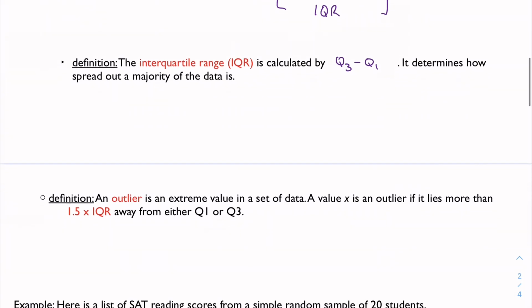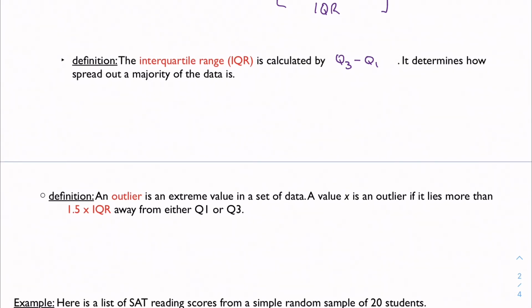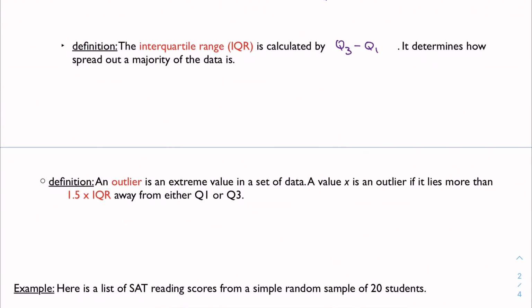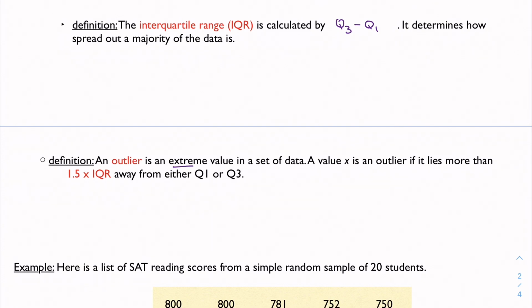And this starts to give me a better sense of how the data is spread out, not just what the data looks like overall. Well, we can use that to come up with an outlier, and outliers are extreme values. Again, not all extreme values are outliers, but enough of them are that we give them the name. And we use the IQR to determine if something's an outlier. So a value is an outlier if it lies more than 1.5 times the IQR away from Q1 or Q3.